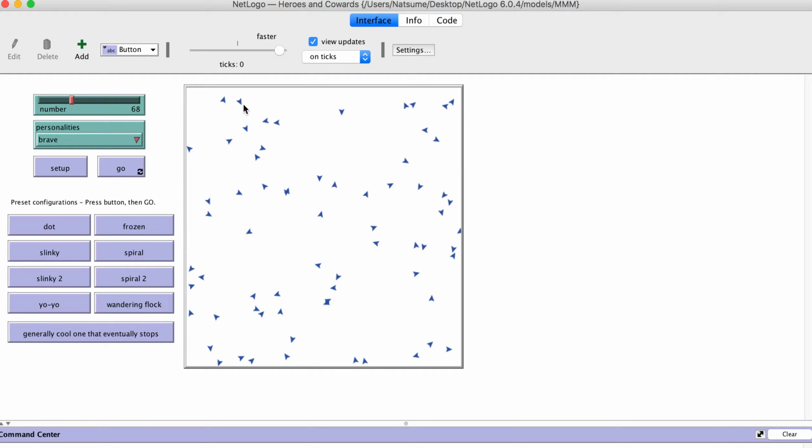Then the agent will choose to stand between his friend and his enemy because he's a hero, so he's trying to keep the enemy away from his friend. But everybody in this world is a hero, so they're all behaving in the same way, trying to stand between their friend and enemy.